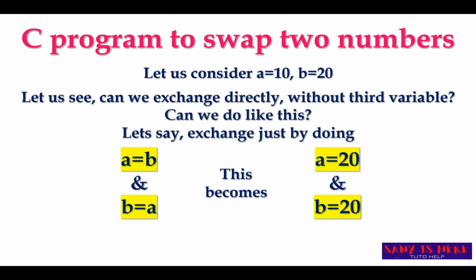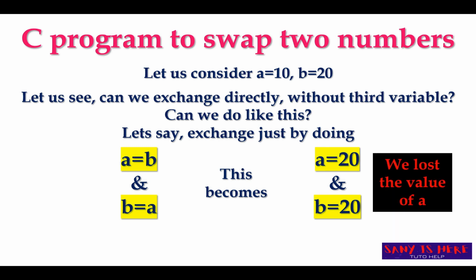See, A is equal to B means B's value will be stored in A, that is A becomes 20, and B is equal to A means A's value will be stored in B. But what is the recent A value? 20, and 20 will be stored in B, means we have lost the value of A, so we cannot do this.